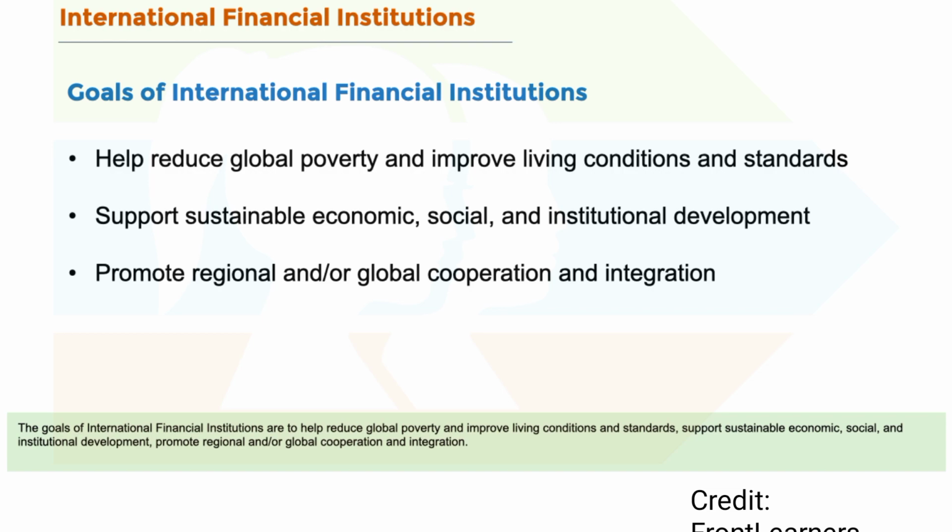The goals of international financial institutions are to help reduce global poverty and improve living conditions and standards, support sustainable economic, social, and institutional development, and promote regional and or global cooperation and integration.